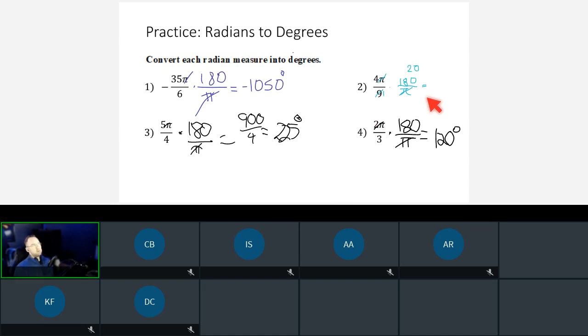All right, 80 degrees for number 2. Number 3 is 225 degrees. Number 4 is 120 degrees. Everyone agree with those? All right. So far, Unit 2 is pretty easy. Don't get used to it.